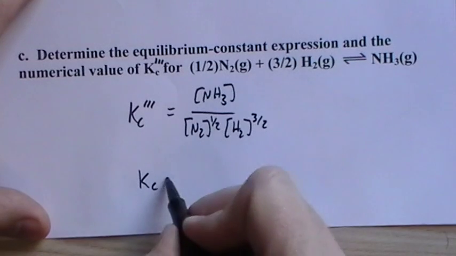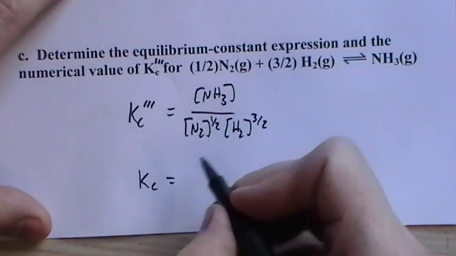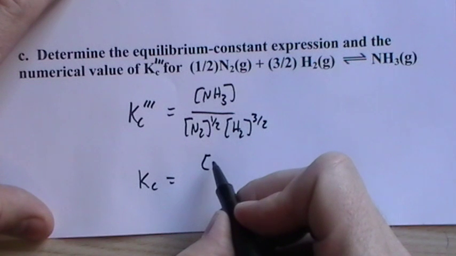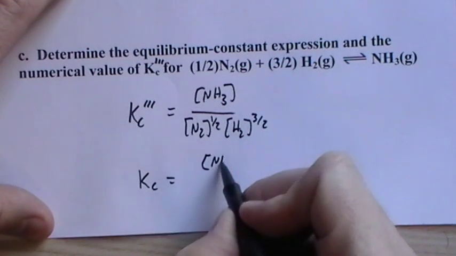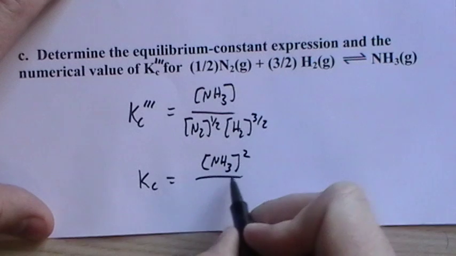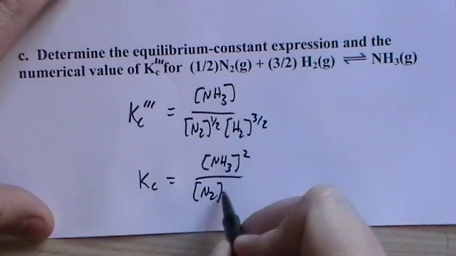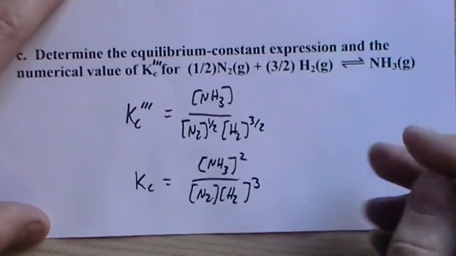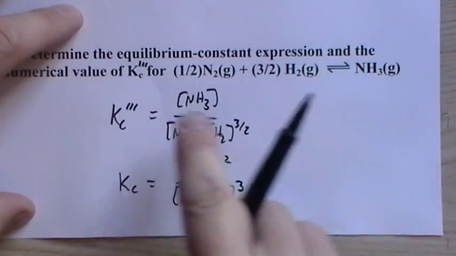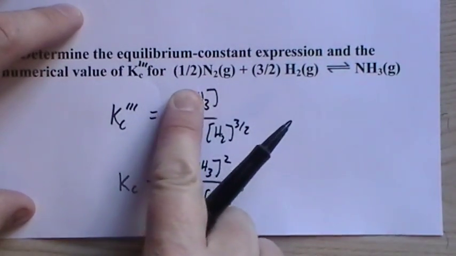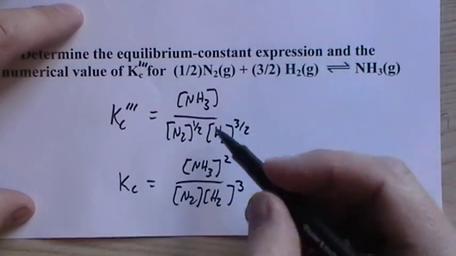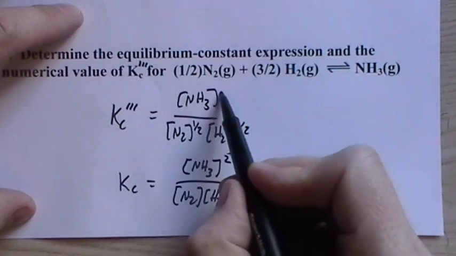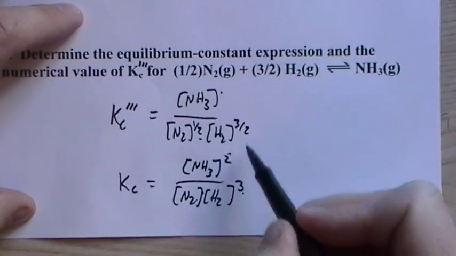Let me just write Kc here so you can see. Now, what we've done is go from 2, the original coefficient, to 1, 1 to 1/2, and 3 to 3/2.